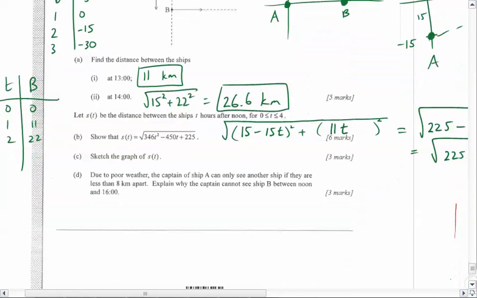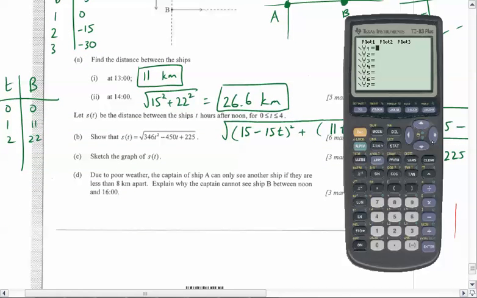Well, I can use my graphing calculator. That's fantastic. So square root of 346x squared minus 450x plus 225. And my window, let's see, x is going from 0 to 4. That's the time. My y is the distance.